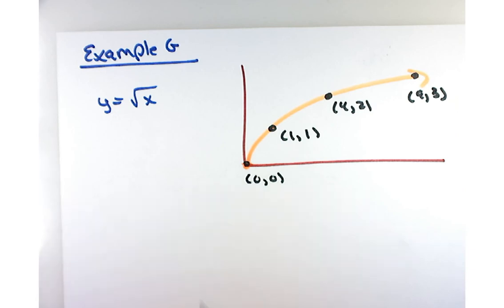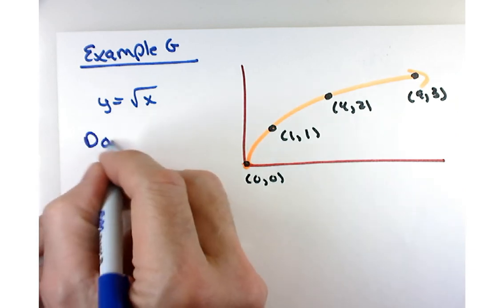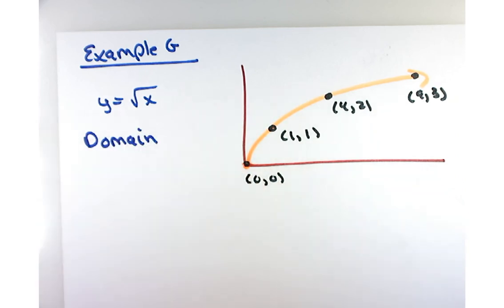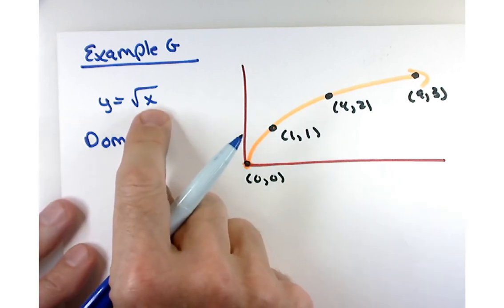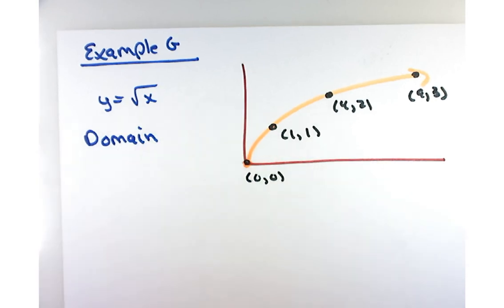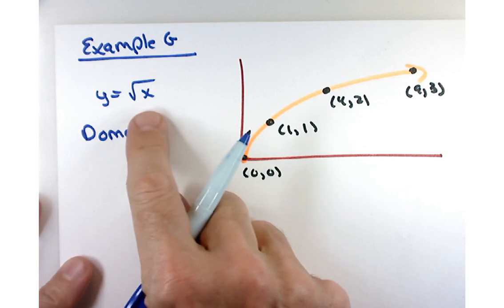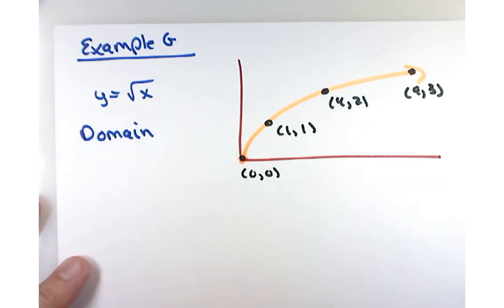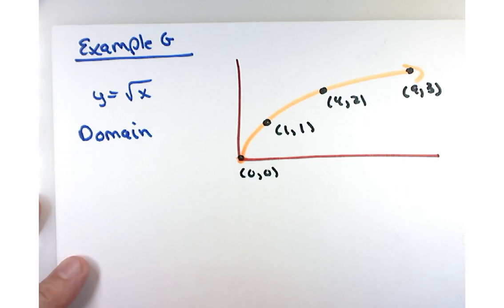Let's remind ourselves of domain and range. Domain was associated with what value? X's or Y's? X's. And let's think about the kinds of things you can put in for X. You can't put in just anything. What would be an example of something you can't put in for X? 0? Well, let's see. Can you take the square root of 0? Yeah, you can take the square root of 0. The square root of 1 works.